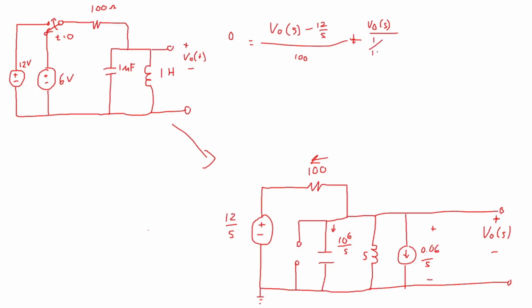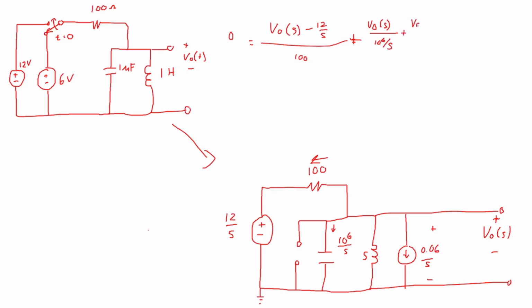let's just write it as 1 over 10 to the minus 6. Okay, so this is V out of S divided by, okay, so this is 10 to the 6 over S. That's fine.